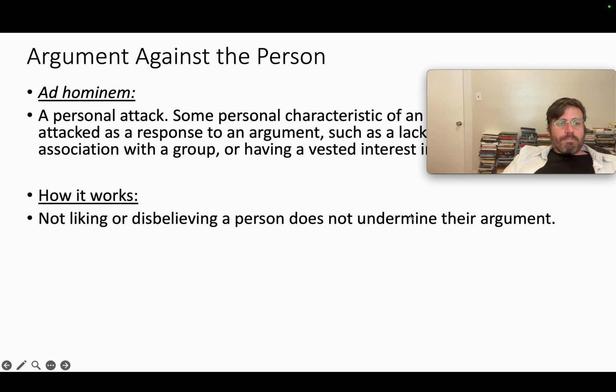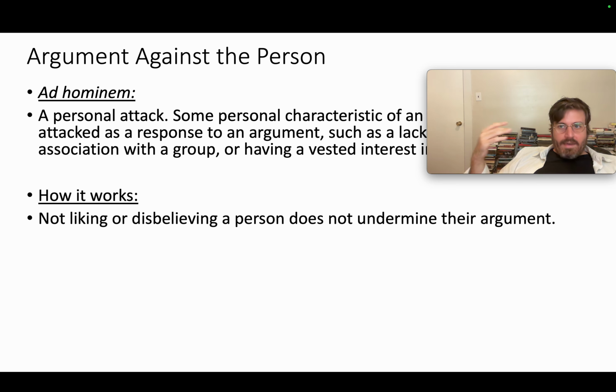How does it work? Not liking or not believing or disbelieving a person does not actually undermine their argument. In other words, even if I really viscerally hate the presidential candidate in question and their opponent points out some of their unlikable qualities, that fact in no way actually discredits the content of their argument nor the formal structure of their argument.